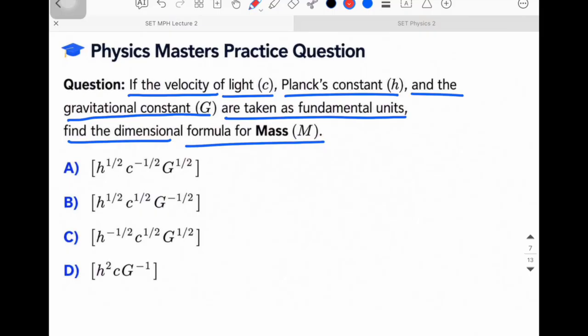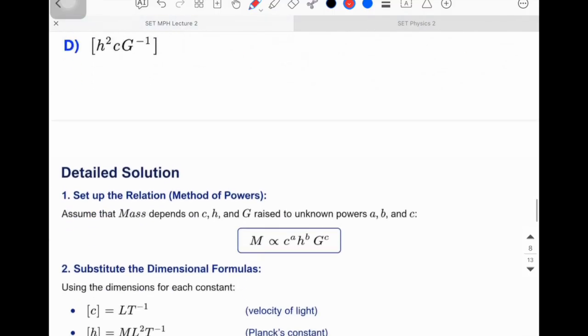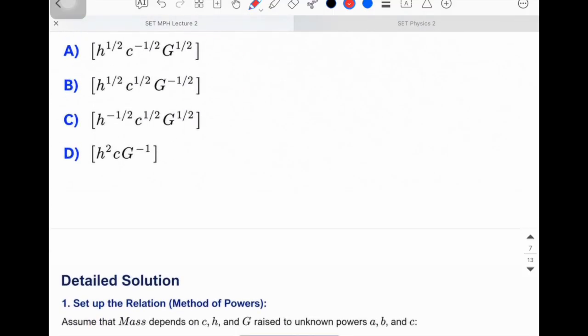We can write m equal to some constant into c power a, h power b and g power c. Now we can find the value of a, b, c.